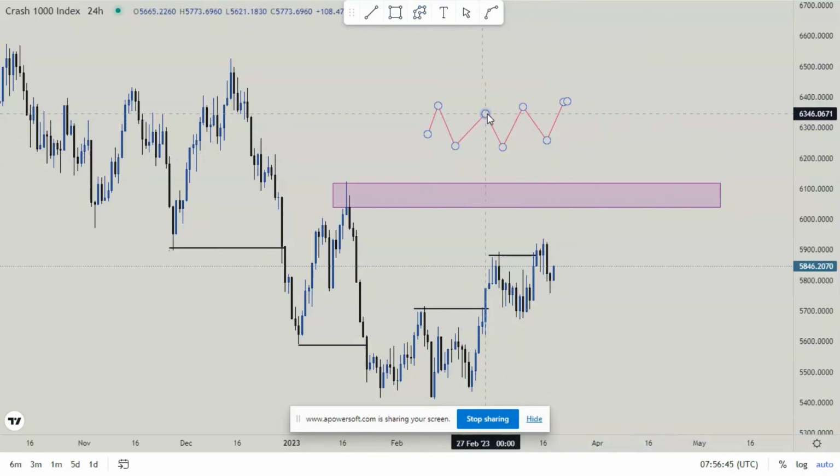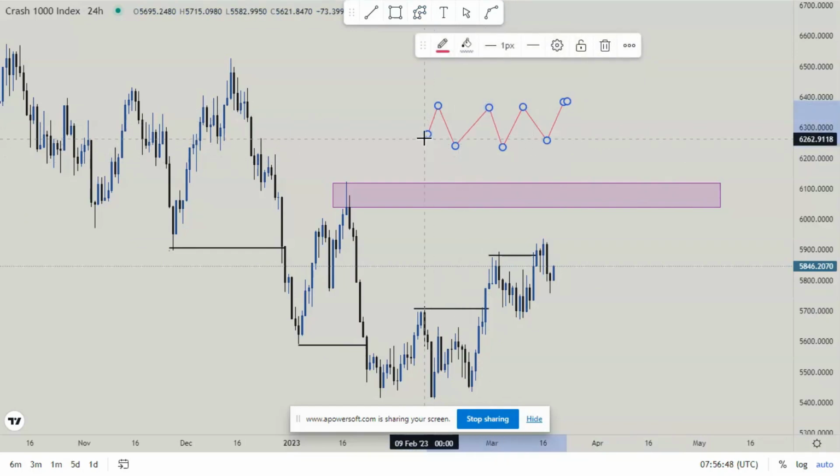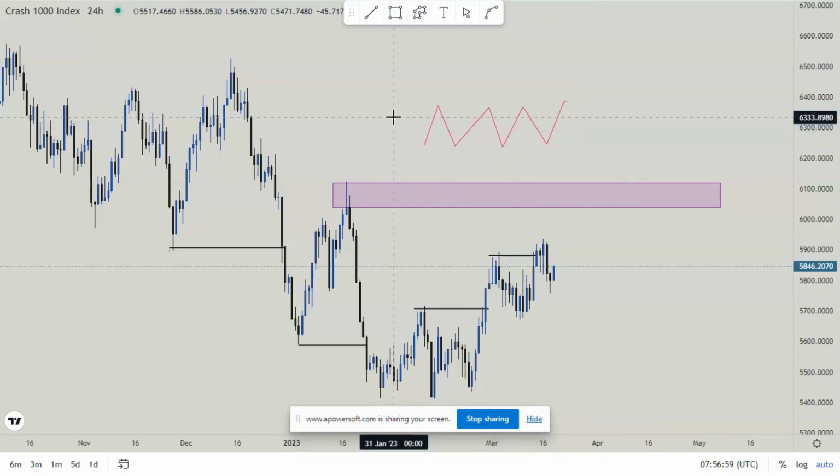Now, let me tell you something about ranges. Sometime anyway, I'll talk about this later. But a range is generally considered a point of indecision.